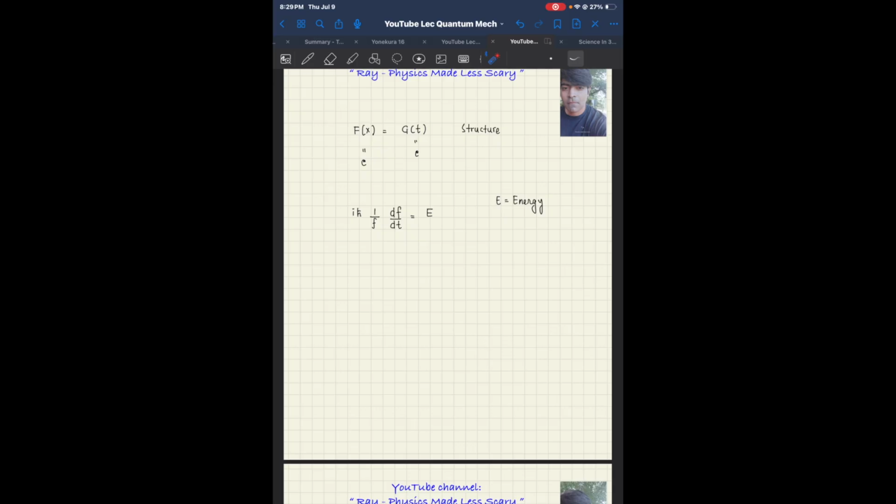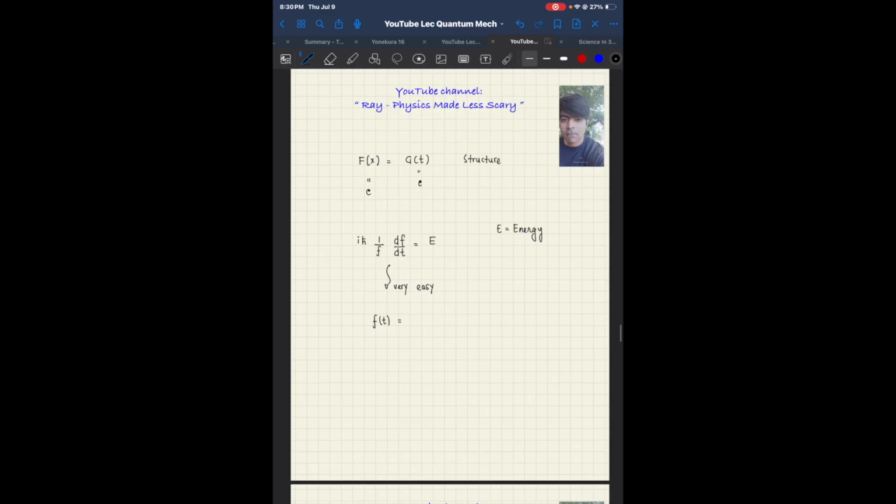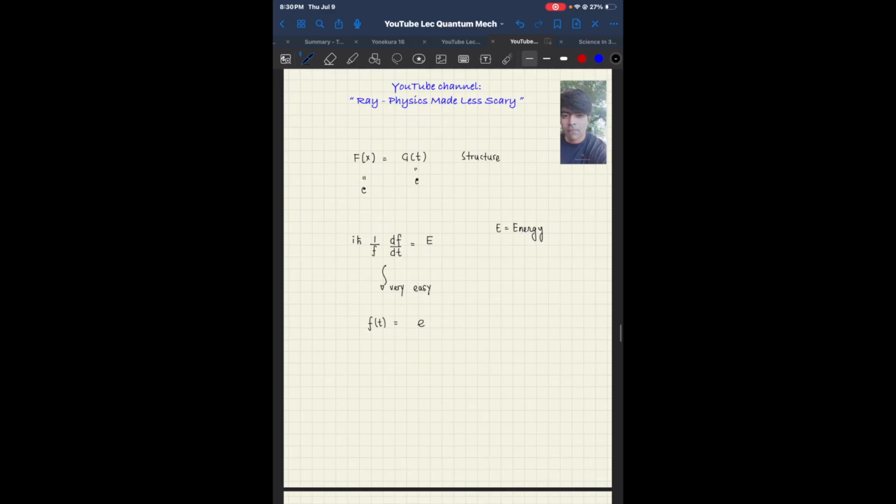This equation is very, very easy to solve, right? If you guys are following, can you solve it? Or can you write this expression before I do? Well, this expression would simply be e to the power minus i by ħ E times t, right?